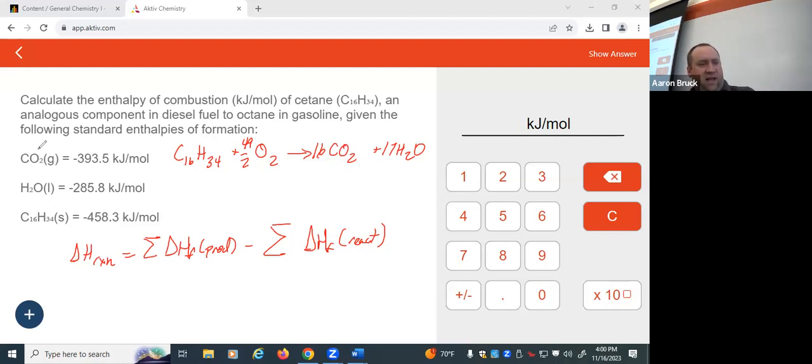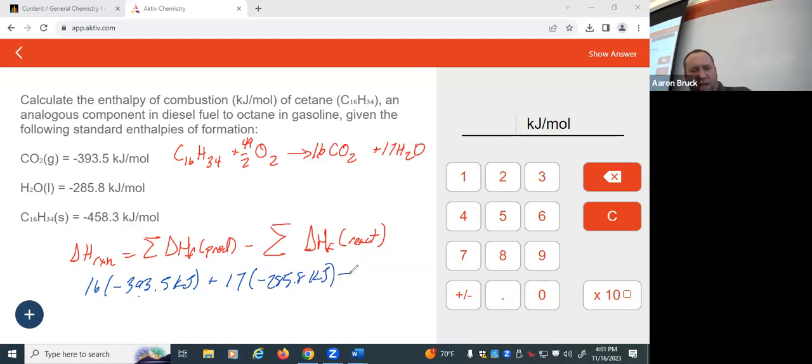So on the product side, I would have for carbon dioxide 16 times, because I have 16 moles in the balanced equation, negative 393.5 kilojoules plus 17 moles of water times negative 285.8 kilojoules. So that would be this part of the ledger.